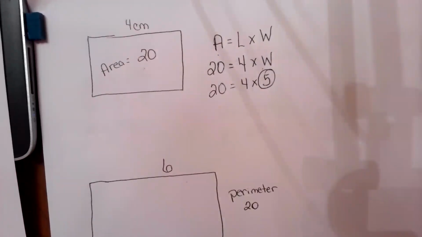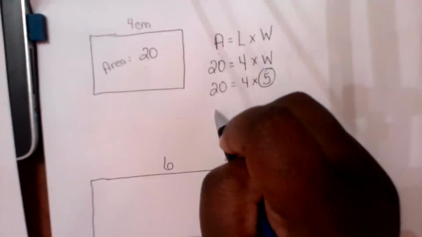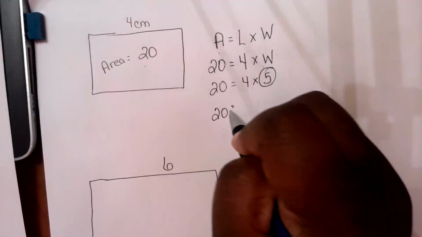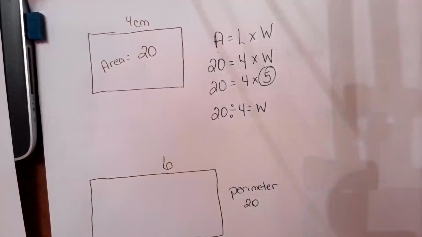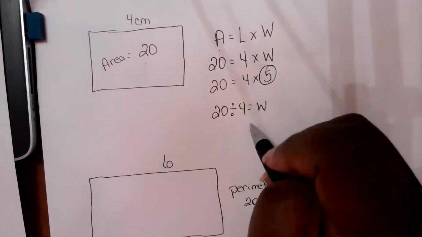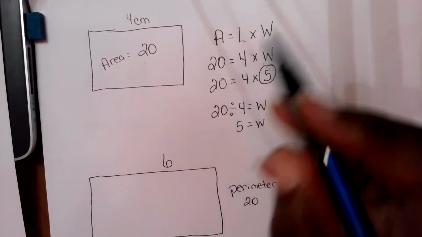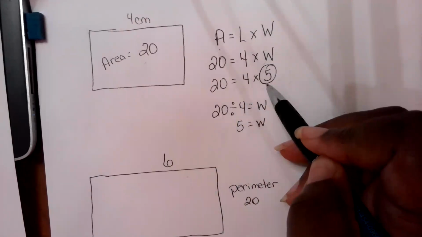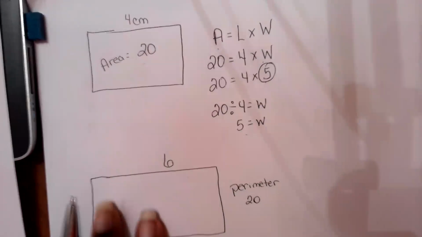Now, the option that I did have was to do the inverse, which would be 20 divided by 4 equals width. And that still would have gave me 5 as my width. So I could leave this as a blank and figure it out by filling in the blank, or I can do the inverse.